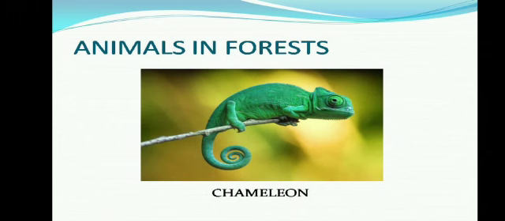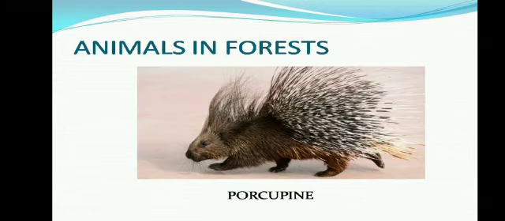When a chameleon is threatened, it changes its color according to the color of its surroundings. When it is sitting on a tree, it will turn brown. If it is sitting on a leaf, its body color will change to green. Animals in forest, porcupine.